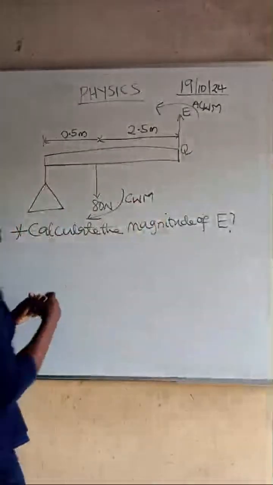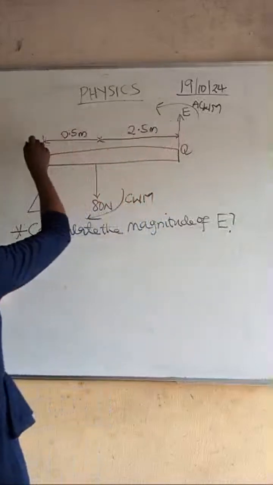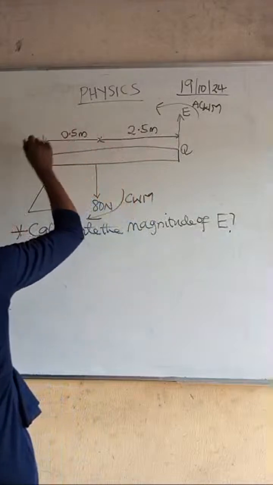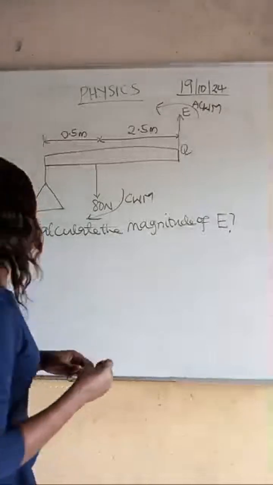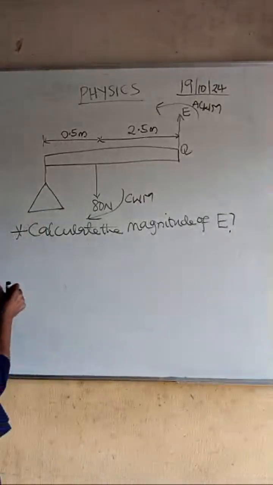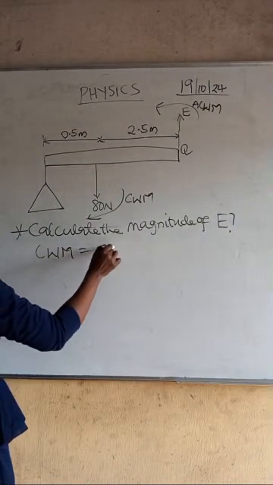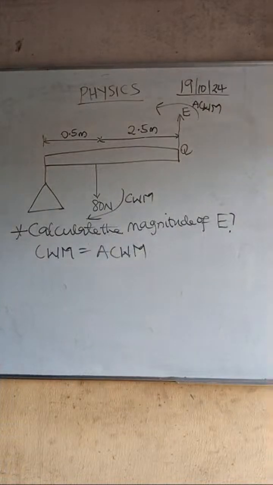Now, the distance will be from here to this pivot. So the distance here will now be what? 2.5 plus 0.5, right? Because moment is the force and perpendicular distance. Okay, so let's go. Clockwise moment is equal to anti-clockwise moment.